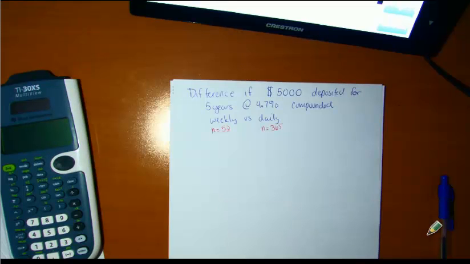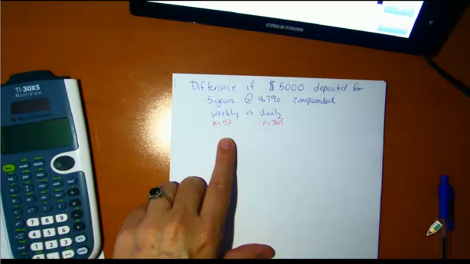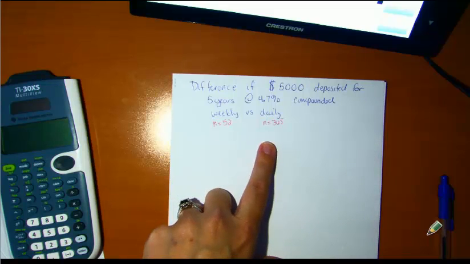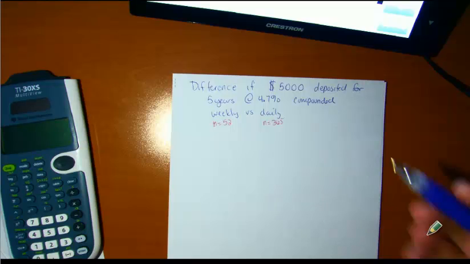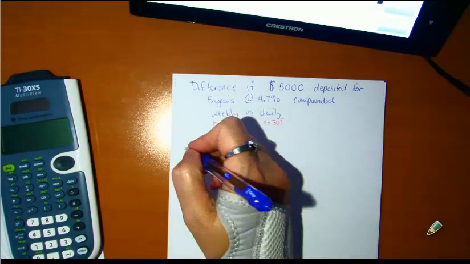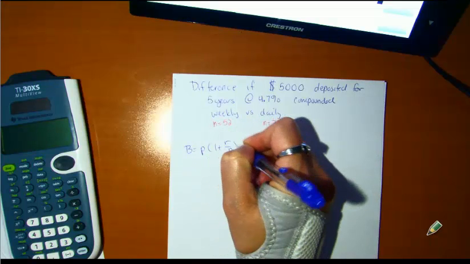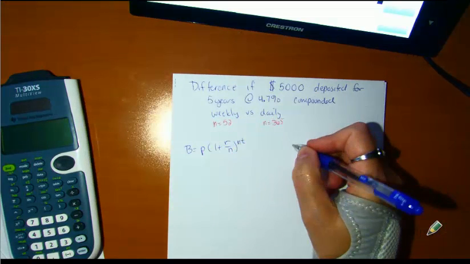If we compound weekly, it's compounding 52 times a year. If we compound daily, it's compounding 365 times that year. We've got 5 years. Same formula for both of these.